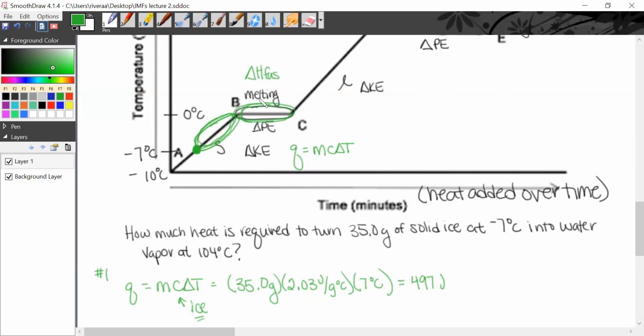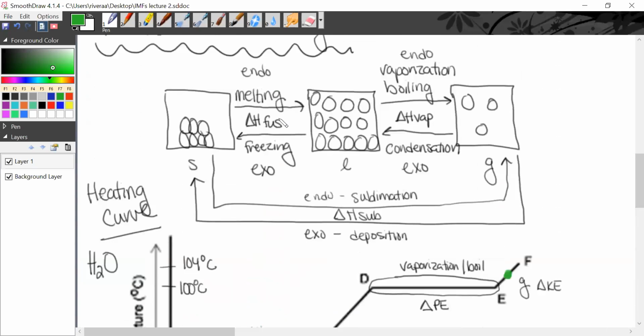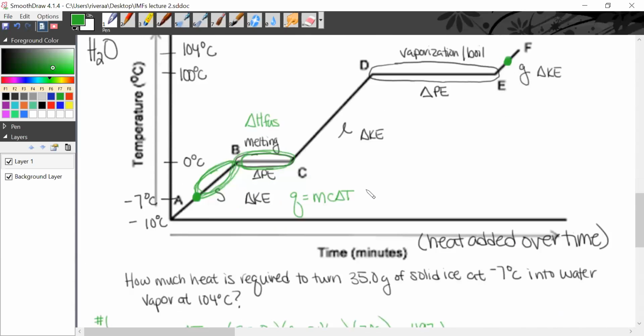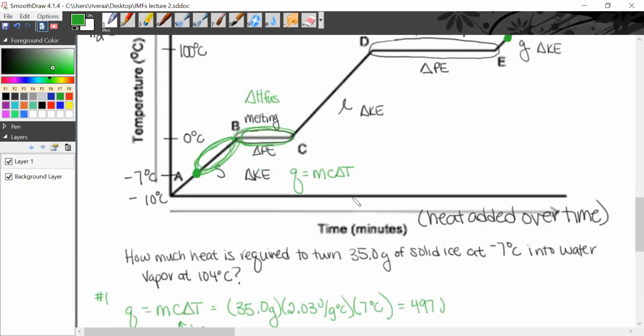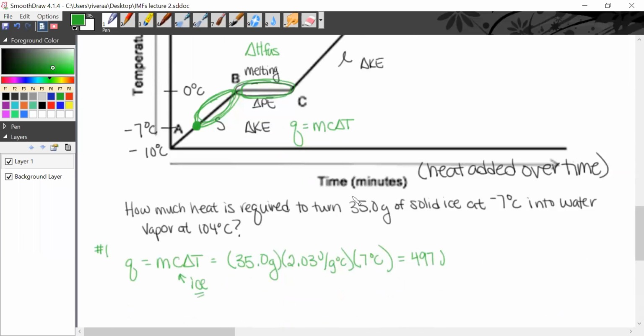Because remember, up above, we defined the amount of heat needed for phase change as heat of fusion, heat of vaporization, heat of sublimation. This is how much heat you need, not to make the molecules move faster, but to separate them, to separate that crystalline ice structure that we get when we freeze water. So I'm going to call this segment number 2.